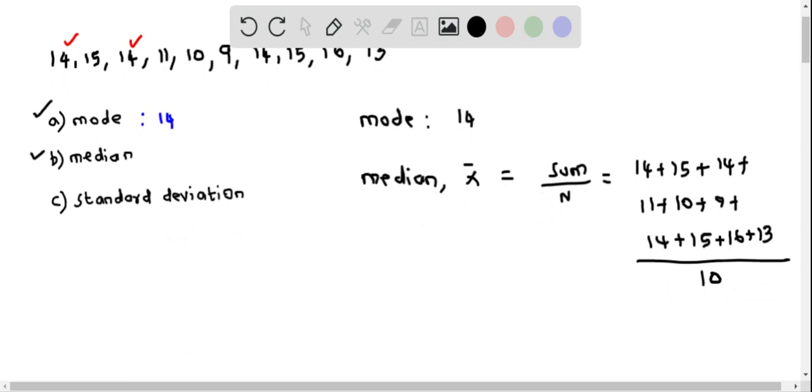So let's find this sum, which equals 131 over 10. So this gives 13.1. So therefore, we write down the median of this data set is 13.1.